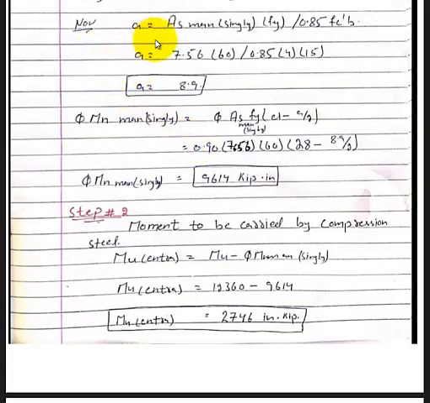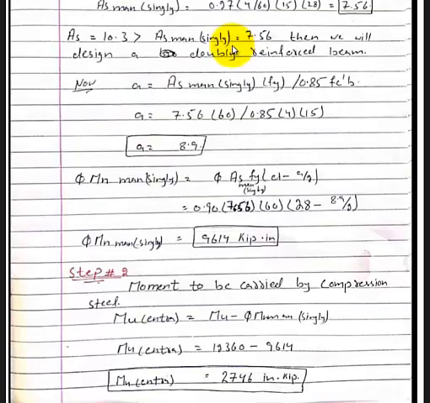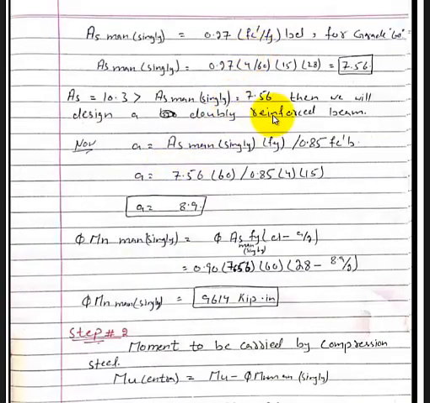Now a is equal to a maximum singly. Here we will again find the a, but here we will put the singly area of steel, with the same formula, and get that a is equal to 8.9.